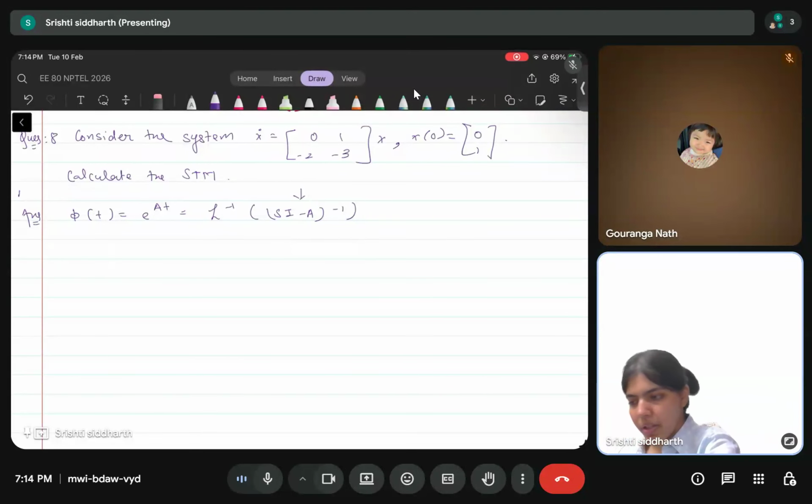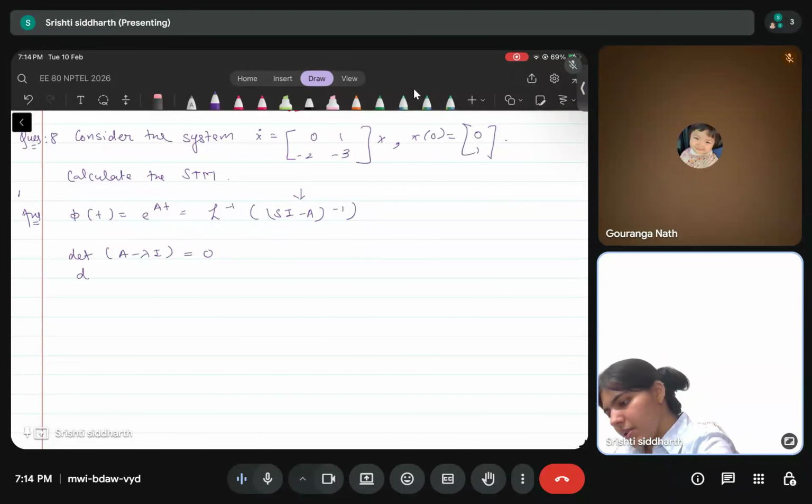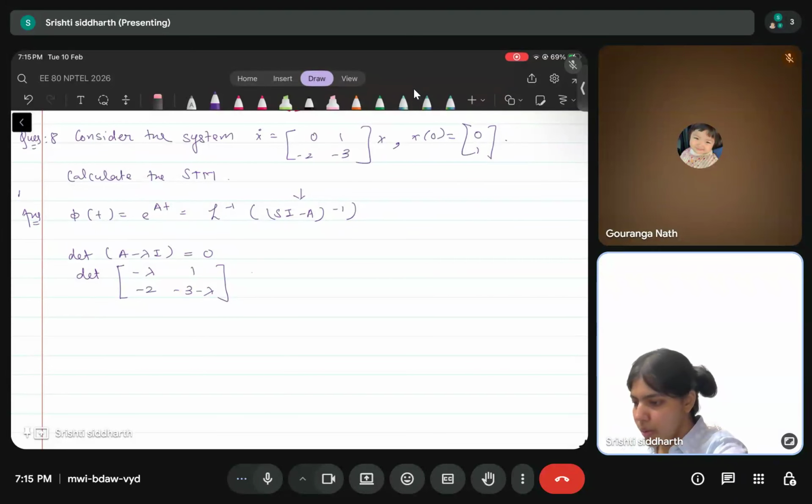So to diagonalize, we first need the eigenvalues of the system, and those are the roots of the characteristic equation. This is the determinant of the matrix A minus lambda I, that is minus lambda, 1, minus 2, minus 3 minus lambda, equal to 0.